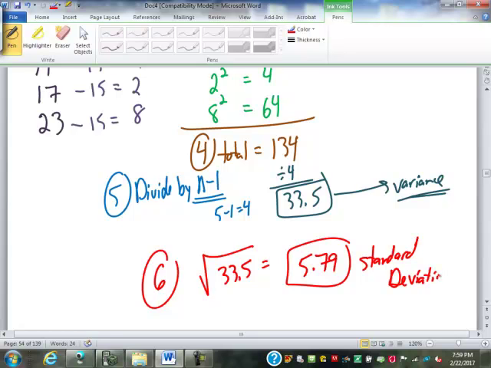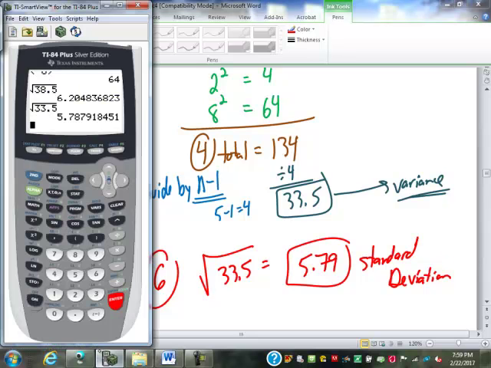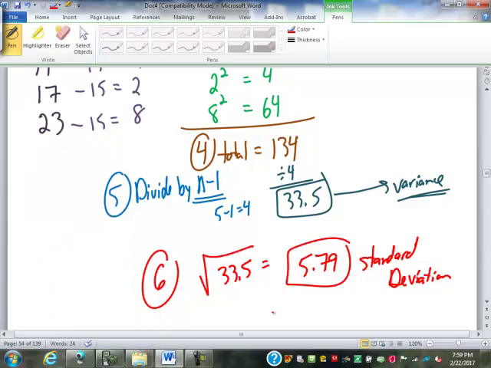On your calculator, you first hit the second key in the upper left, then that x squared key, and then type in 33.5. So 5.78, 79. What's the key right above it? That's the caret key. That's for powers other than squared.